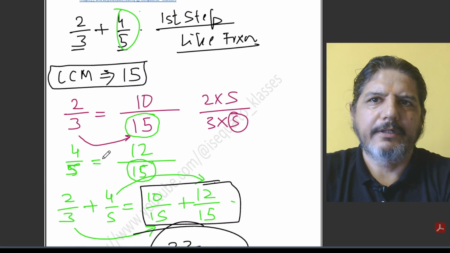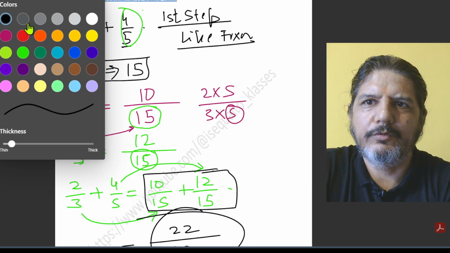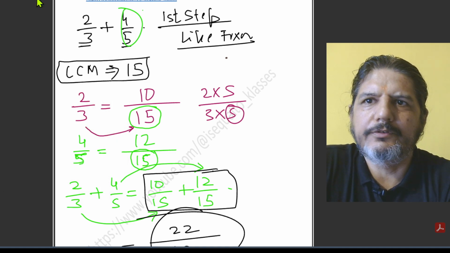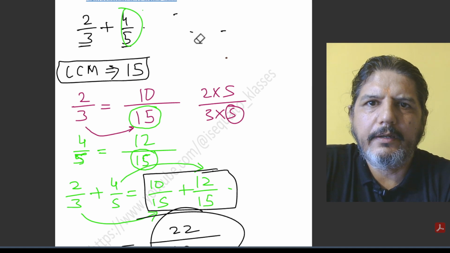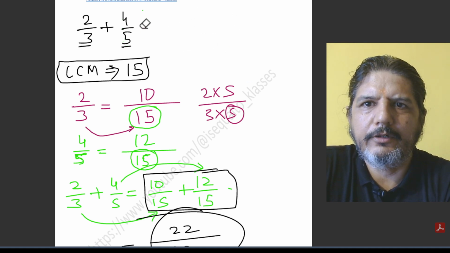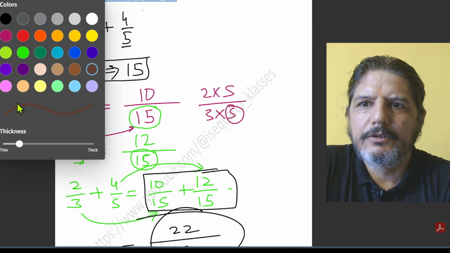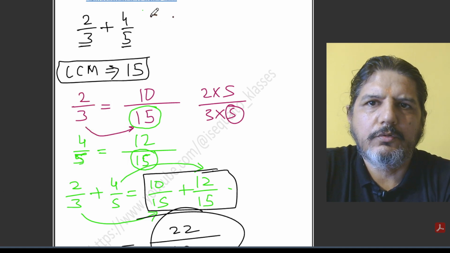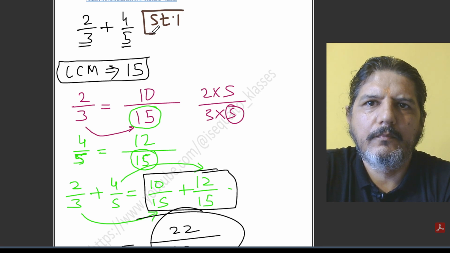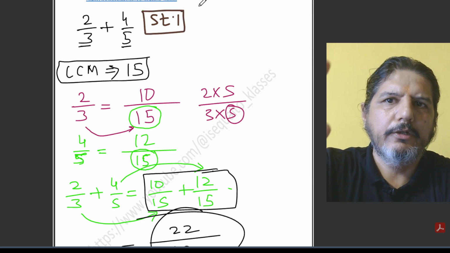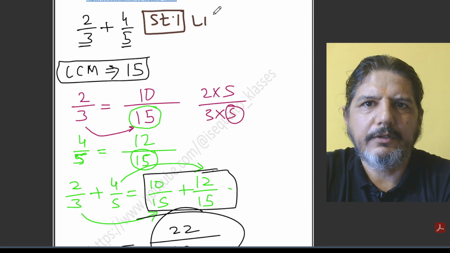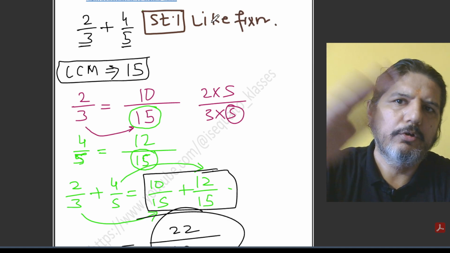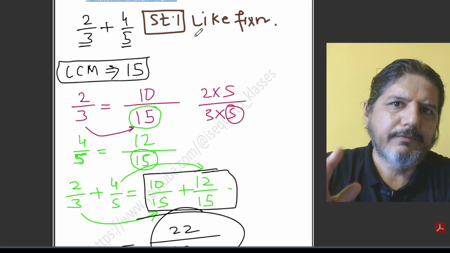So what was the first step? Let's review the process again. I had to add these two fractions. So what was step 1? Step 1 was make these into like fractions. But to have this, what do I need?